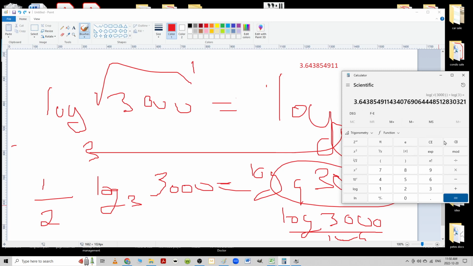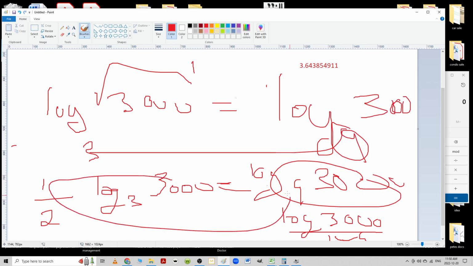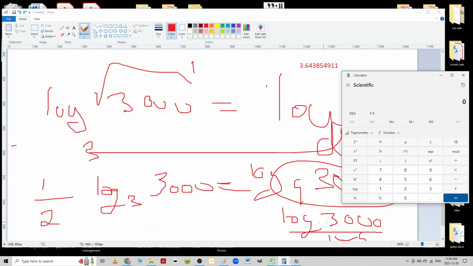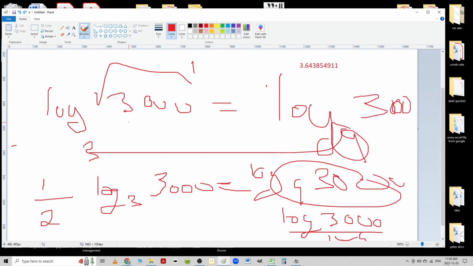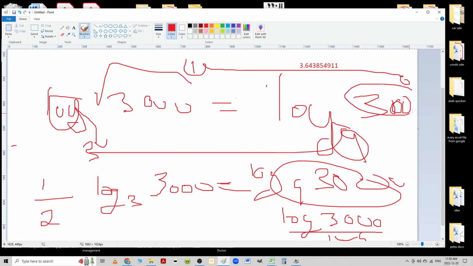Or I can just find the log of 3,000 divided by the log of 3, and then multiply by a half to get the same answer. And that's because logs reveal the exponents. So all I'm doing is manipulating the exponents of my results.